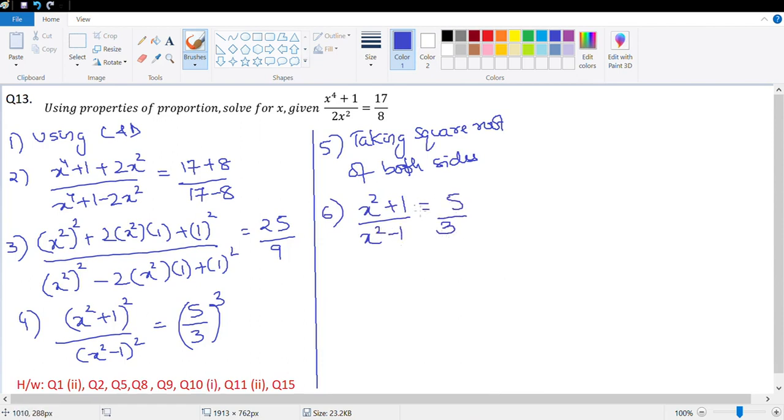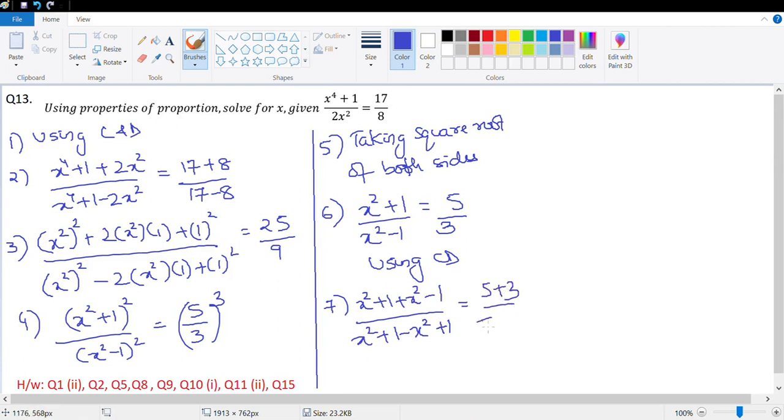Next, let's again go ahead and use the componendo and dividendo. So using componendo and dividendo, we get x square plus 1 plus x square minus 1 upon x square plus 1 minus (x square minus 1), which will be equal to 5 plus 3 upon 5 minus 3.